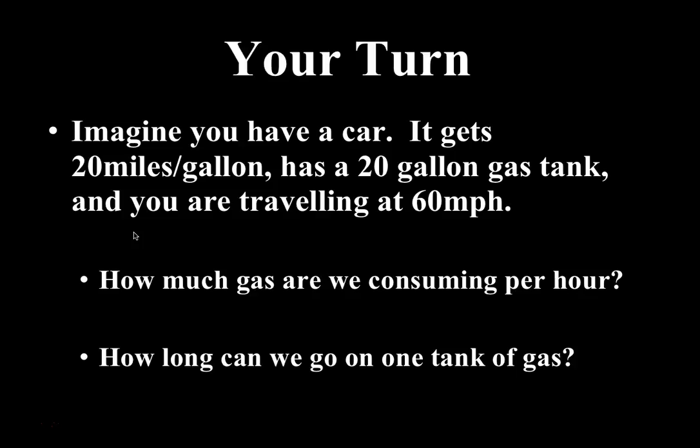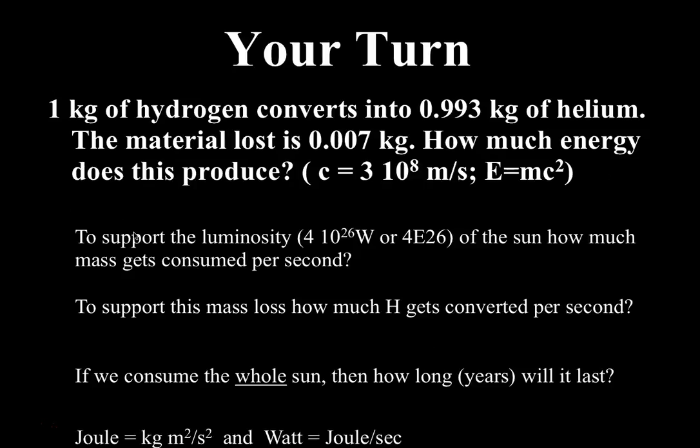Okay, so we've seen this problem before, and basically the idea is that in order to maintain this energy production, we can figure out how long the sun will live. And what we'll come up with is that if we consume the entire sun, then it would last 100 billion years. And I have spoken before that we expect the lifetime of the sun to be only about 10 billion.